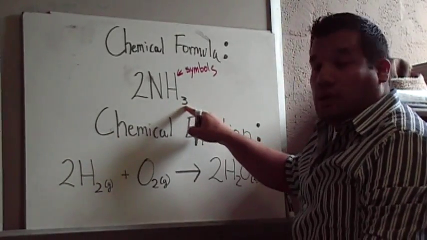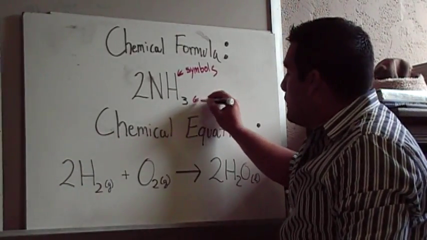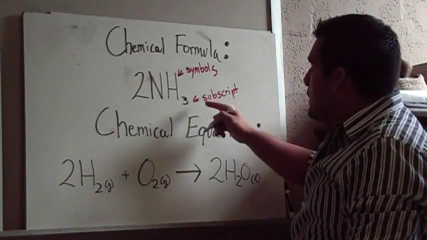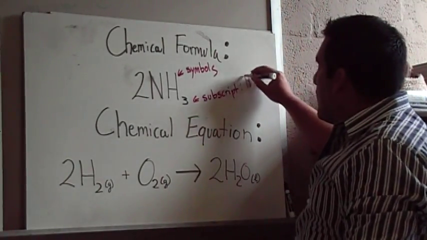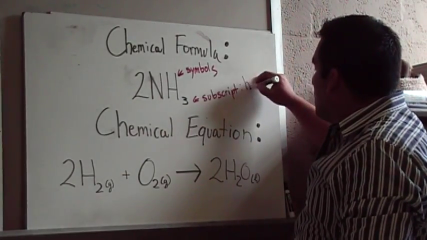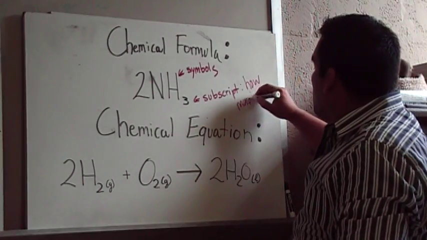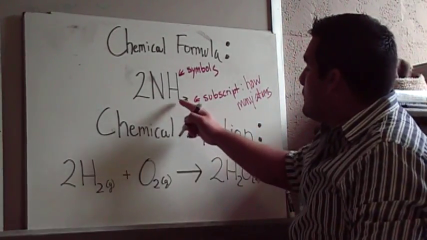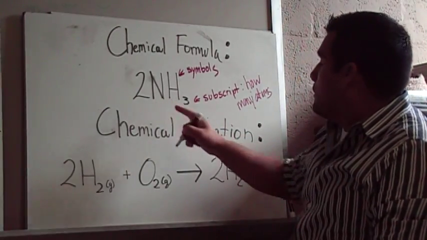We have NH3. This 3 is a subscript, and it tells us how many atoms there are. So it tells us there are 3 atoms of hydrogen.